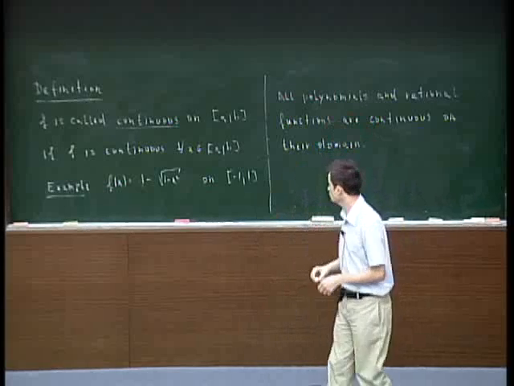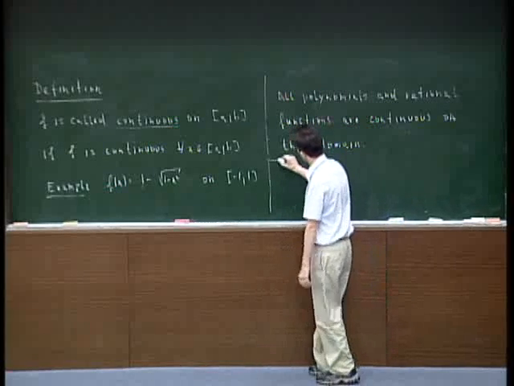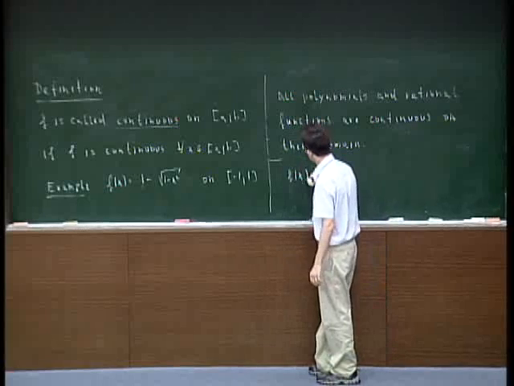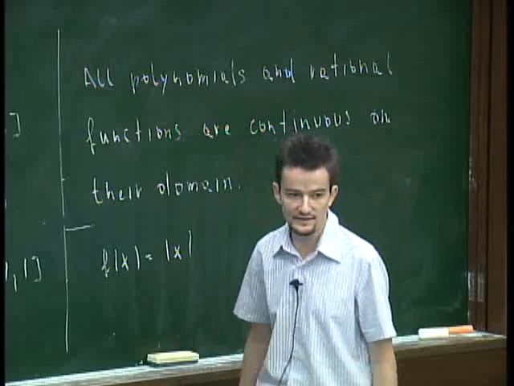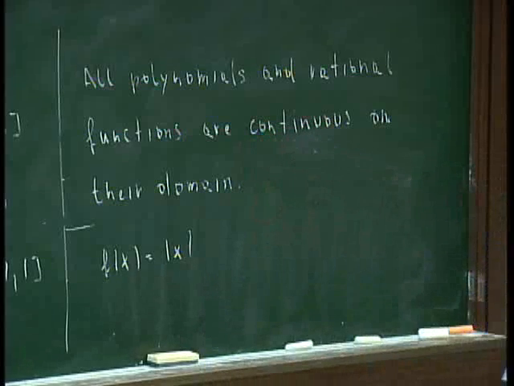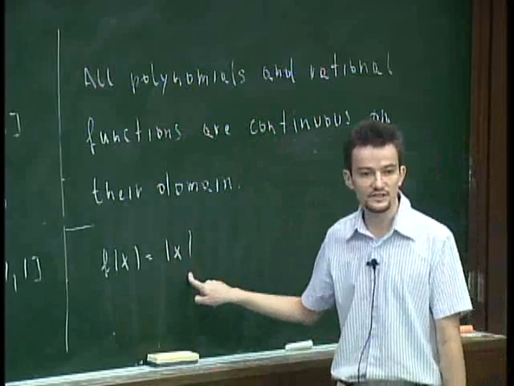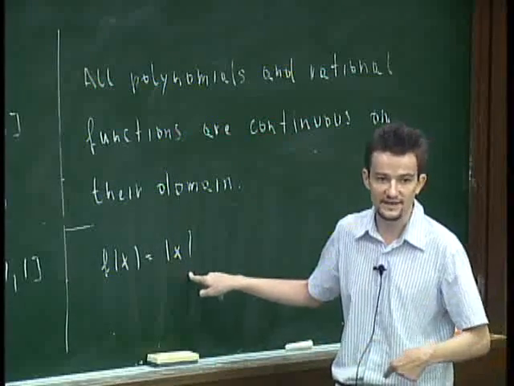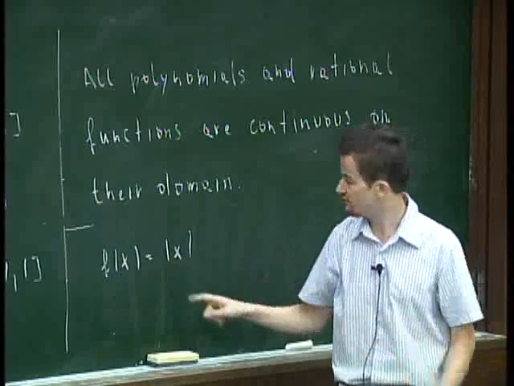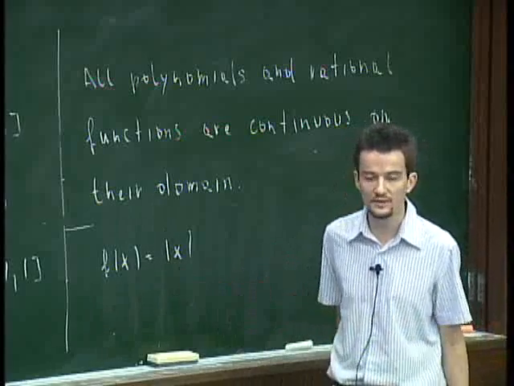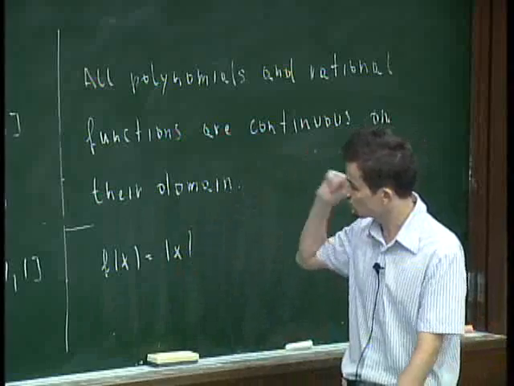Also, this is helpful if you have a function like f of x is equal to the absolute value of x. You know already that for x negative, this function is continuous because it's just a polynomial, minus x. For x positive, the function is continuous because it's just a polynomial, f of x is equal to x.